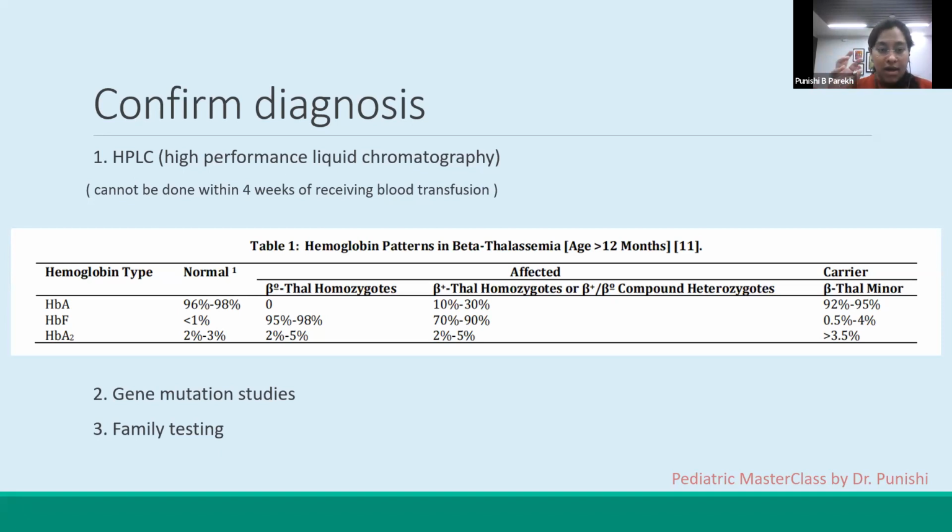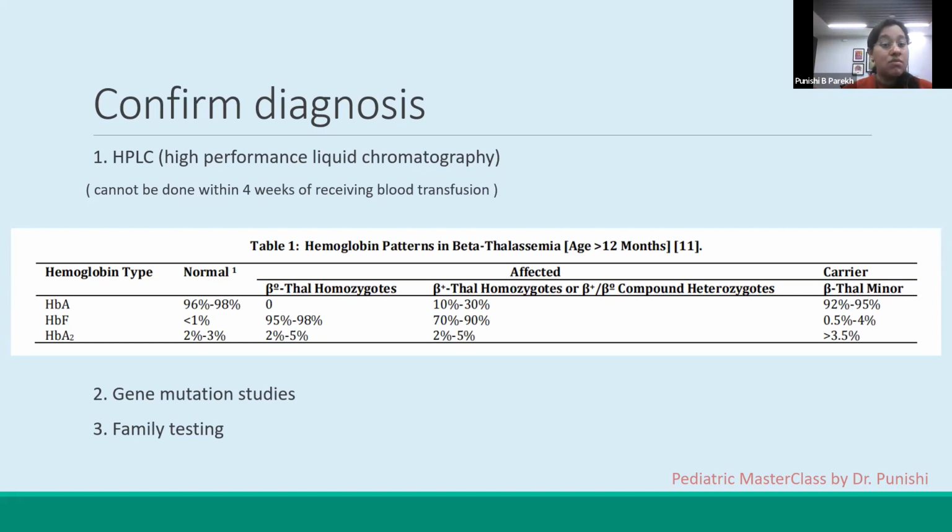Your major fraction of hemoglobin is going to be HbA, as high as 96 to 98%, with less than 1% of fetal hemoglobin, and HbA2 is going to be about 2 to 3%. So this is what a normal configuration of hemoglobin on an HPLC report looks like. Now, if you have beta thal major, okay, there's going to be no HbA. Why? Because HbA, like we discussed, is 2 alpha chains and 2 beta chains. When you don't have beta chain production, you will not have HbA.